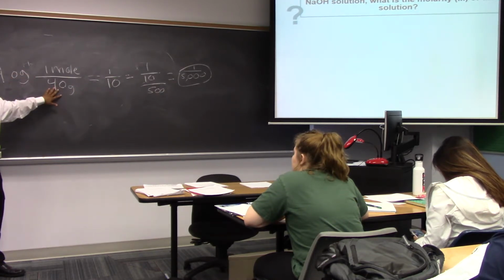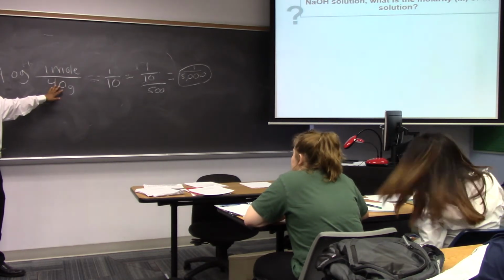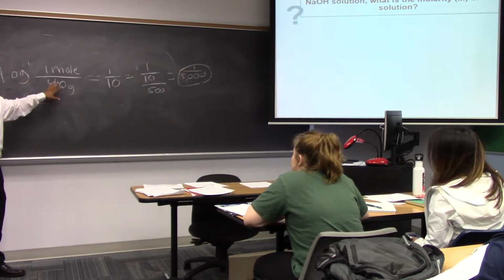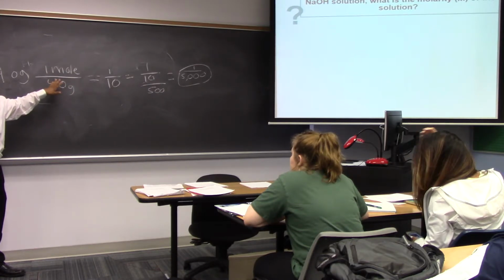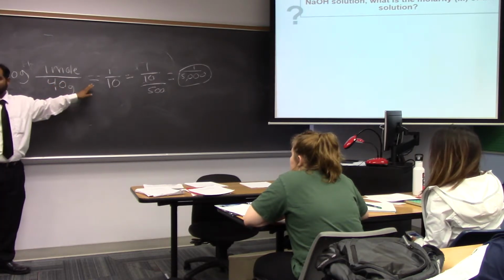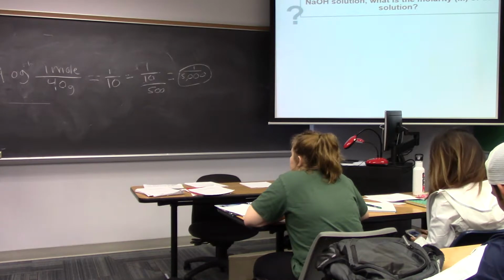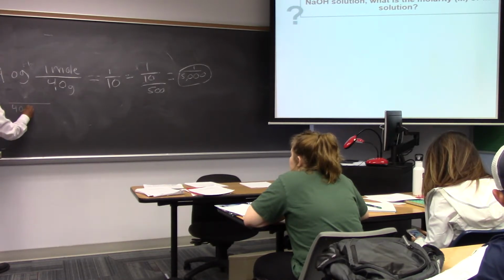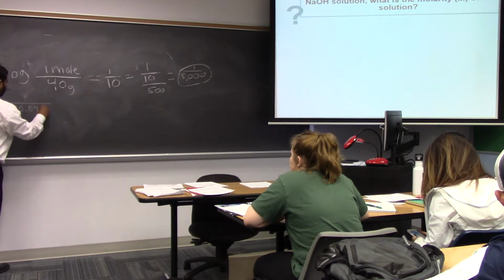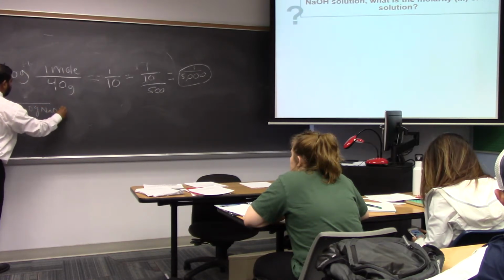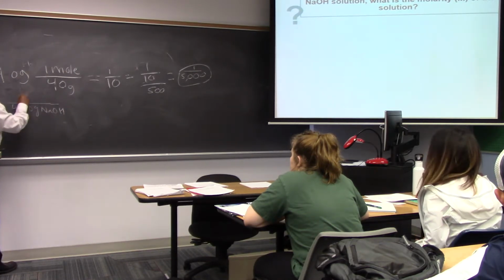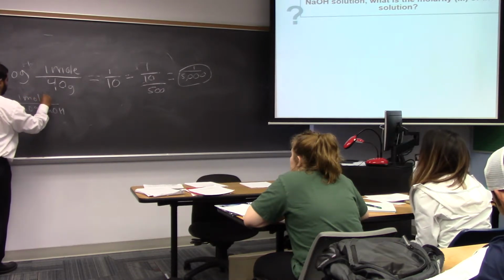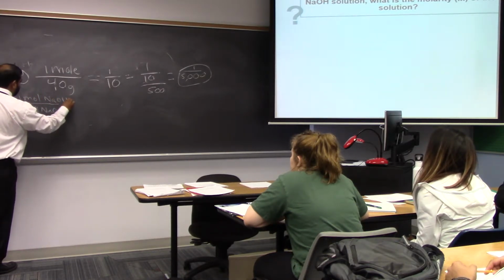I do not try to understand that you mean sodium hydroxide. I want to see what's in your head, so you write it up. So 4 grams of sodium hydroxide, then 40 grams of sodium hydroxide is 1 mole of sodium hydroxide.